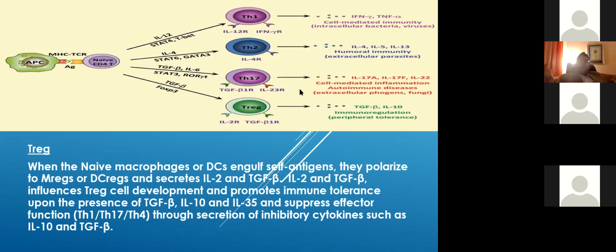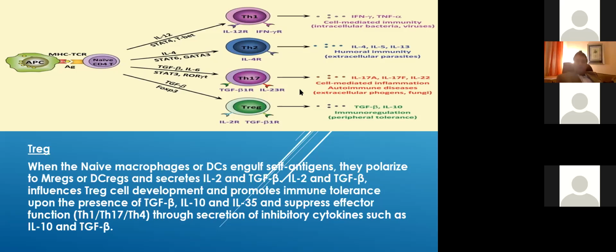When the naive macrophages and dendritic cells eat your own antigens, self-antigens, whether part of the cells or free-floating, what will happen? They start polarizing into macrophage regs and DC regs, and they start secreting interleukin 2 and transforming growth factor beta.